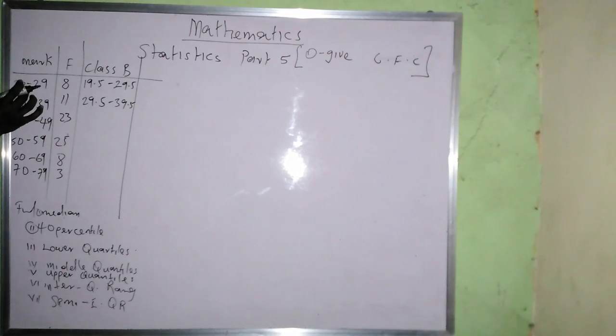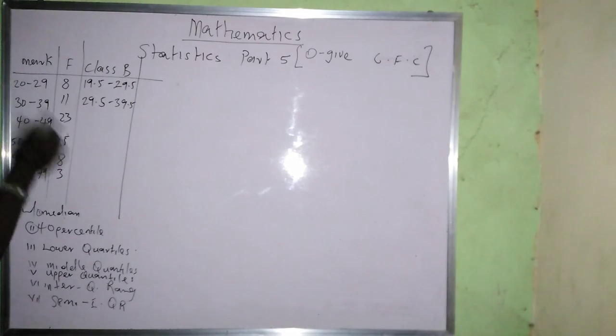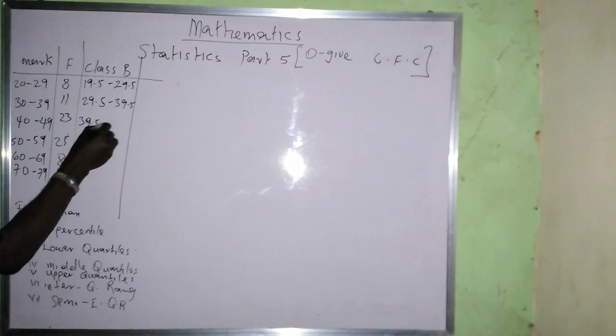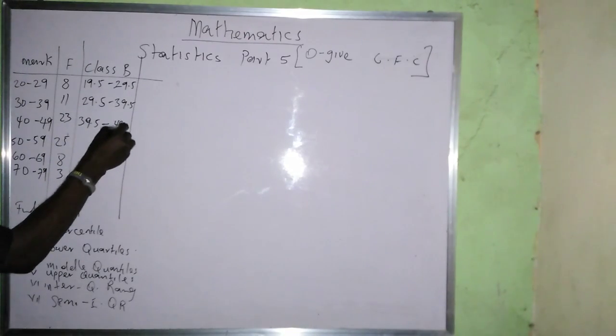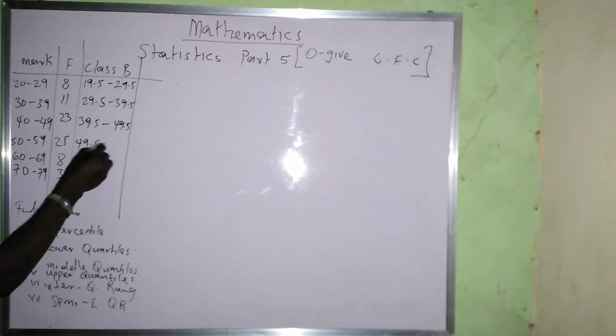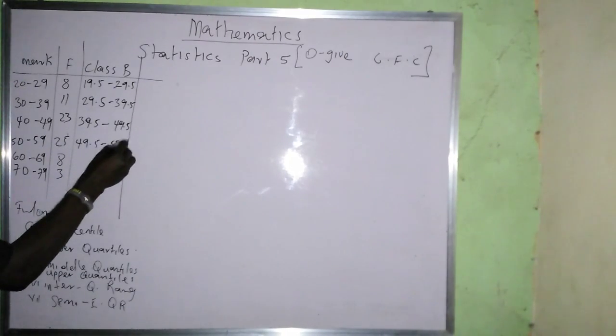You minus half from the lower class limit and add half to the upper class limit. And this one will be 39.5 to 49.5. This one will be 49.5 to 59.5.